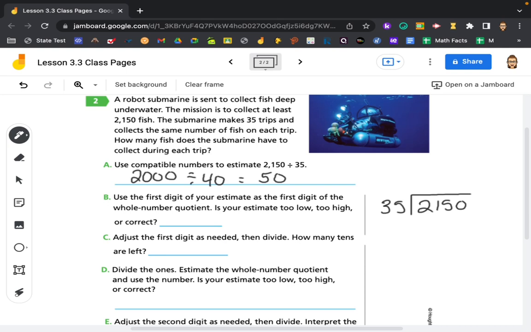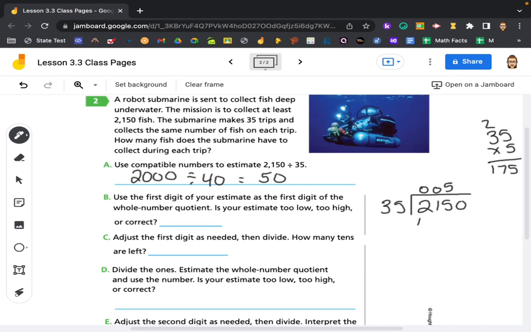Well, so it doesn't go into the 2, it doesn't go into 21, and then we said to try 5. So 35 times 5, we get 25, 15, and 17.